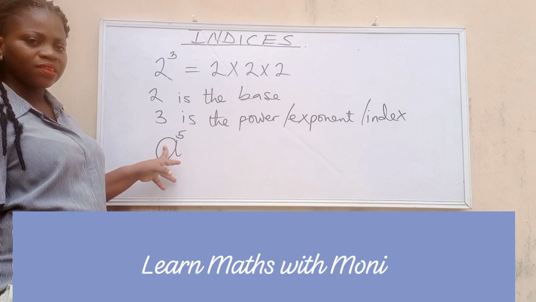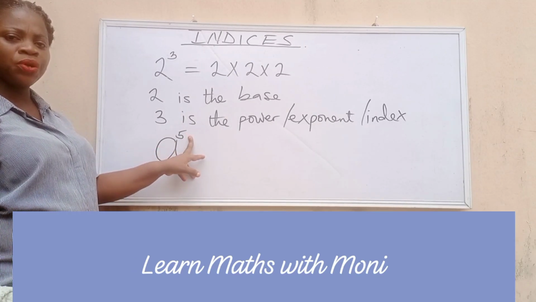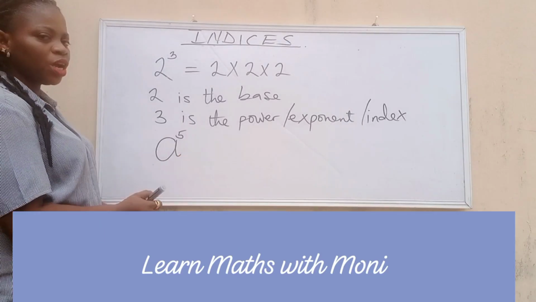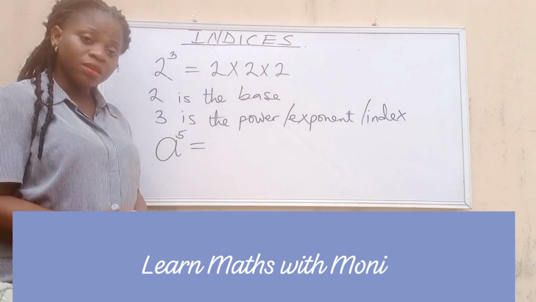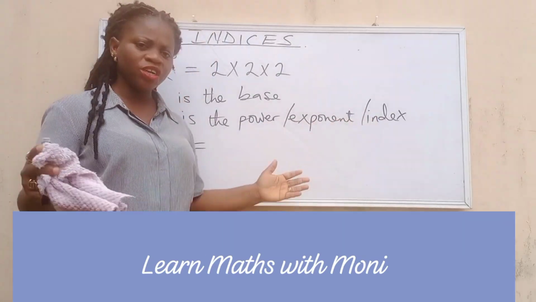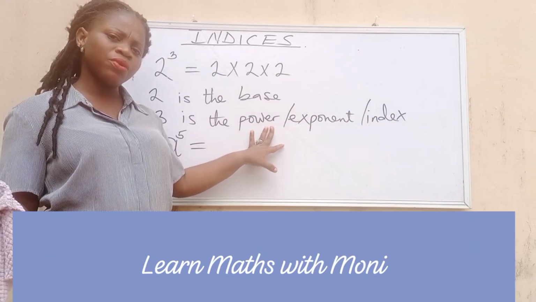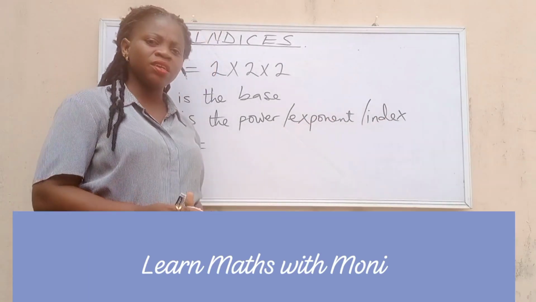A in this case is my base, while 5 is the exponent, the index, the power, whichever you choose to use. In the course of teaching this course, I'll be using the 3 words interchangeably. So when I'm talking about power, you know I'm referring to the exponents. I'm also referring to the index.